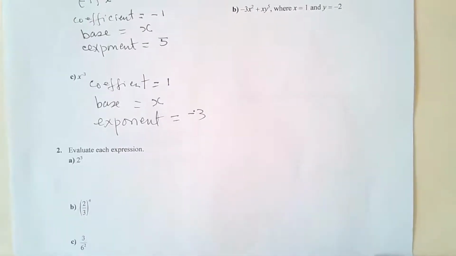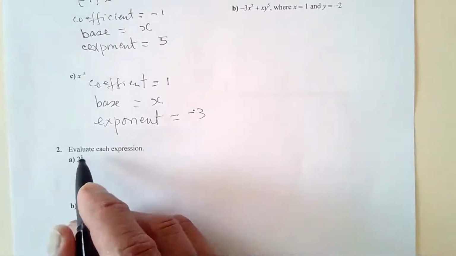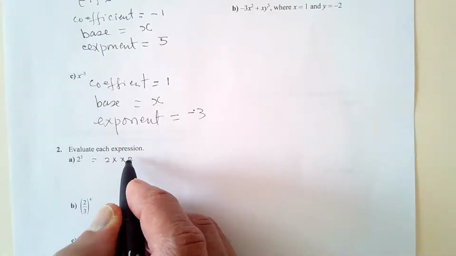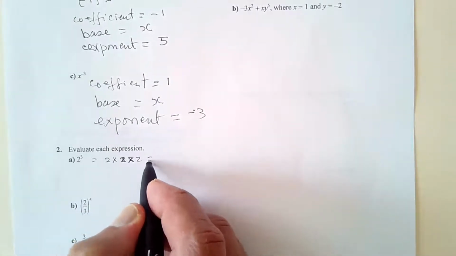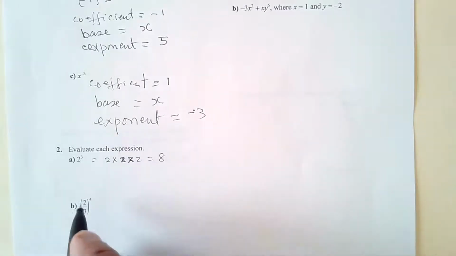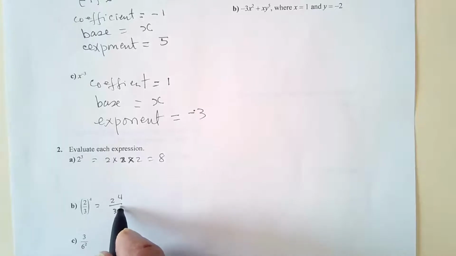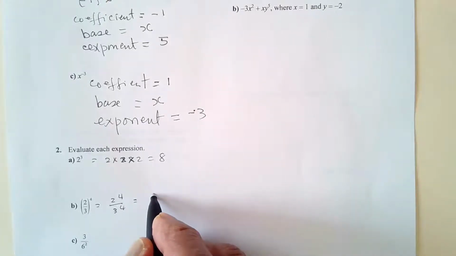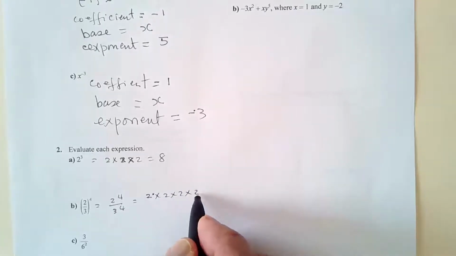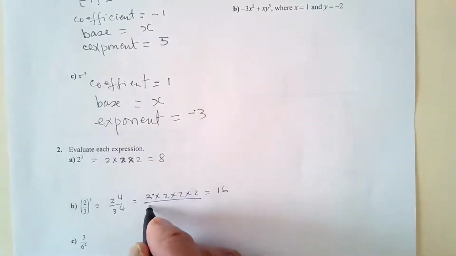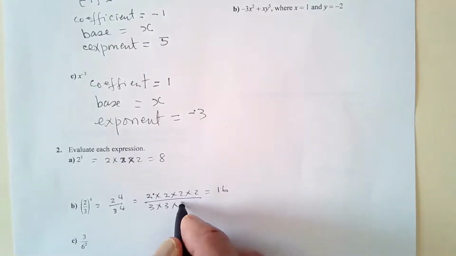When we're evaluating the expression here, this means 2 by itself. 8 is 2 to the power 4, 3 to the power 4. 2 to the power 4 would be 16, 2 times 2 times 2 times 2. 3 times itself, 4 times.